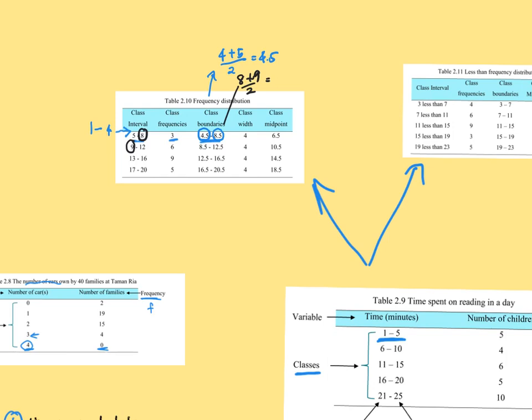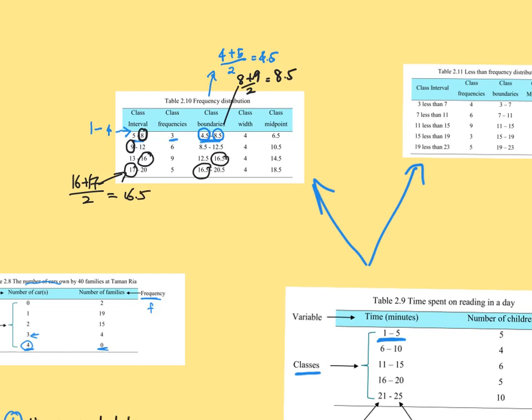If you calculate it, you're going to get 8.5. That's why the value is 8.5. This is also the same for 16.5 right here. Why is it 16.5? Because 16 plus 17 divided by 2 gives you 16.5.